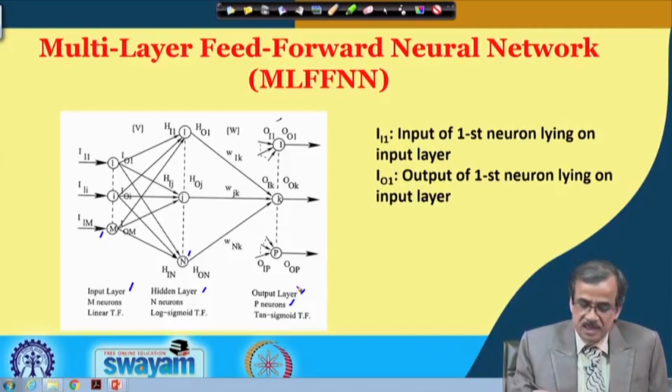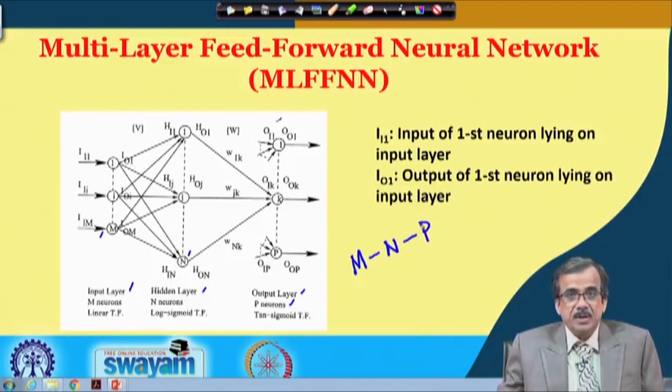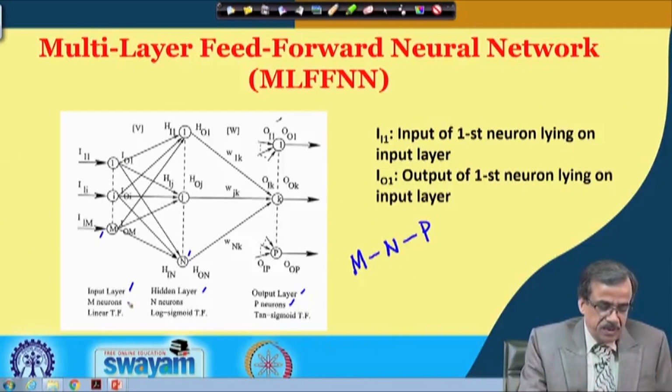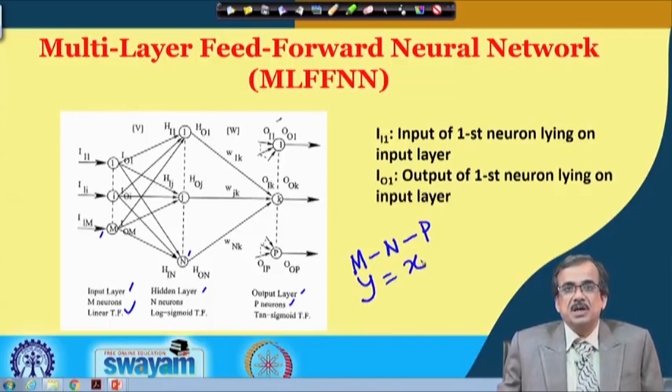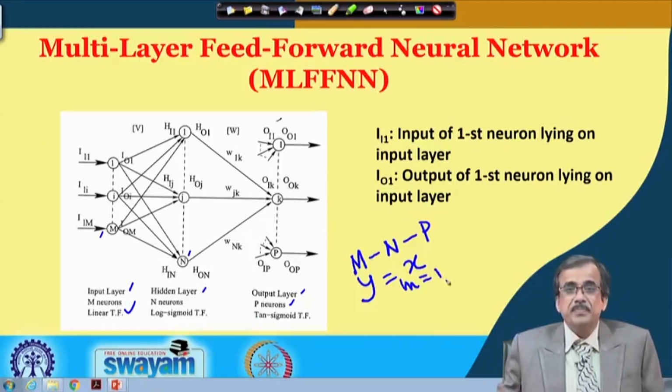So, this is known as in fact an MNP network. Now, on the input layer we are using the linear transfer function, something like y equals x, and we have considered the slope of this particular straight line, say m, equal to 1.